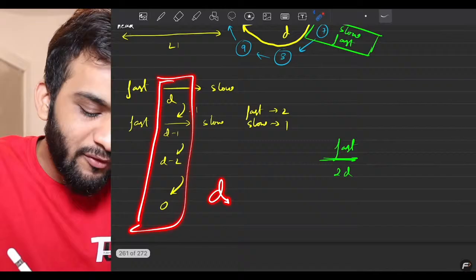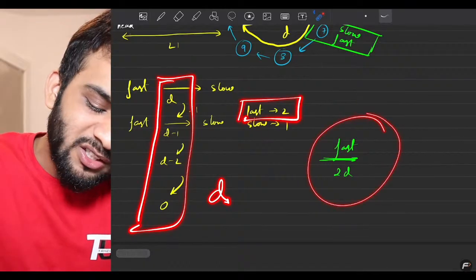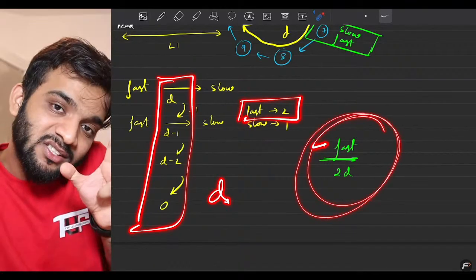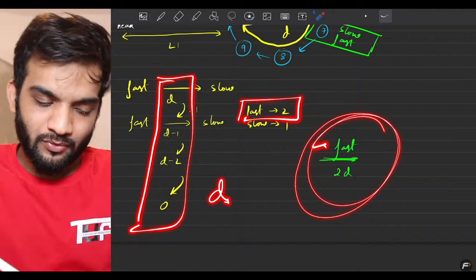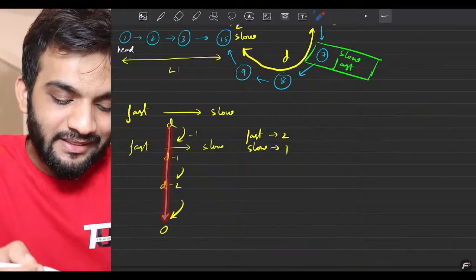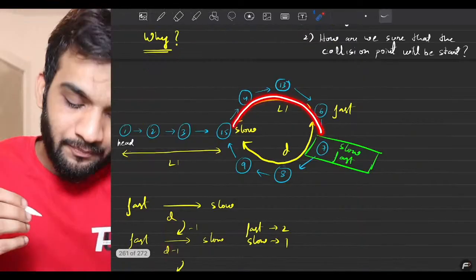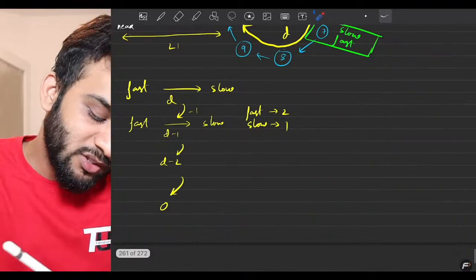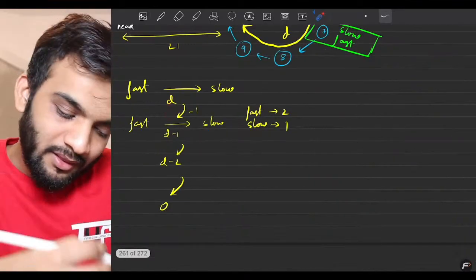And every time I was taking 2 steps. So the overall steps the fast would have taken is 2D. Till they collide. So basically from D to 0. This was basically stating from here to here, right? That's when the movement was. So tell me one thing.